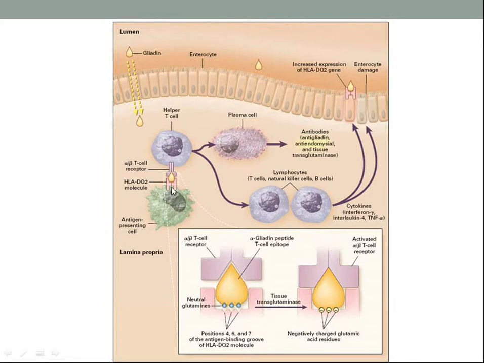And what usually happens is the type 1 helper T cell will activate plasma cells to develop antibodies to gliadin, to endomysial, and also to tissue transglutaminase. The type 1 helper T cell will also stimulate cytotoxic T cells as well as other types of lymphocytes to destroy the mucosa.